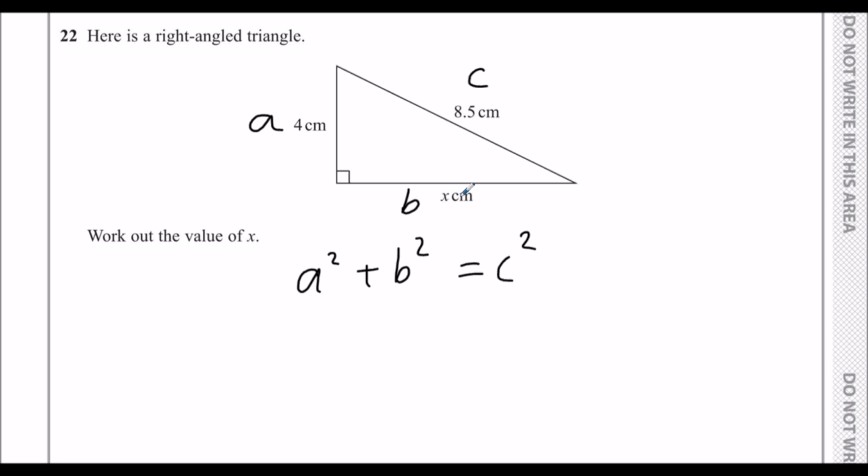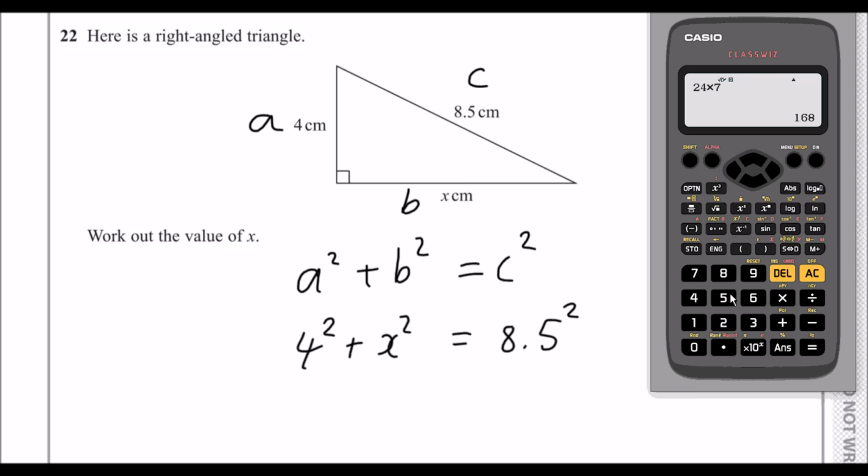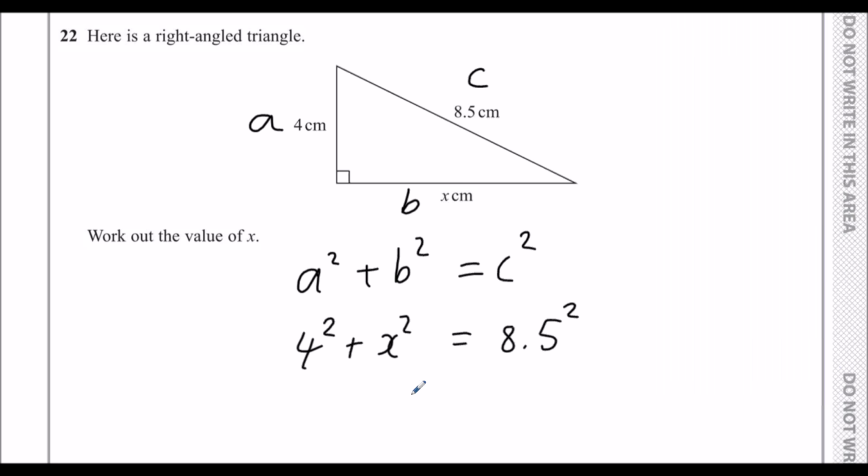So 4 squared plus x squared equals 8.5 squared. And to get x squared by itself, we take away 4 squared from both sides. So 8.5 squared minus 4 squared is 56.25, so x squared is 56.25.